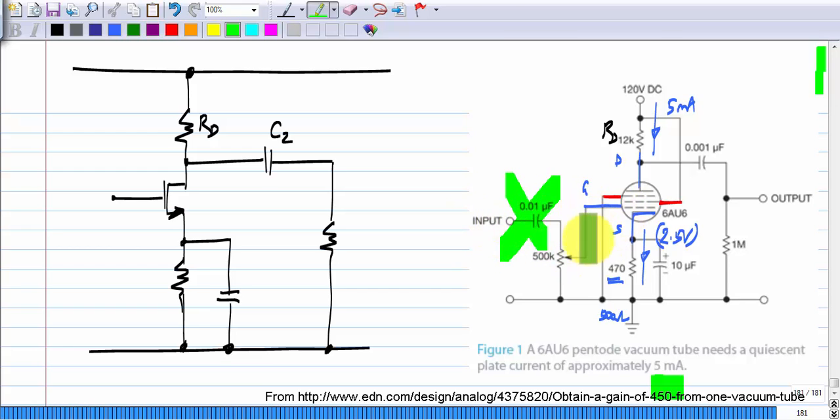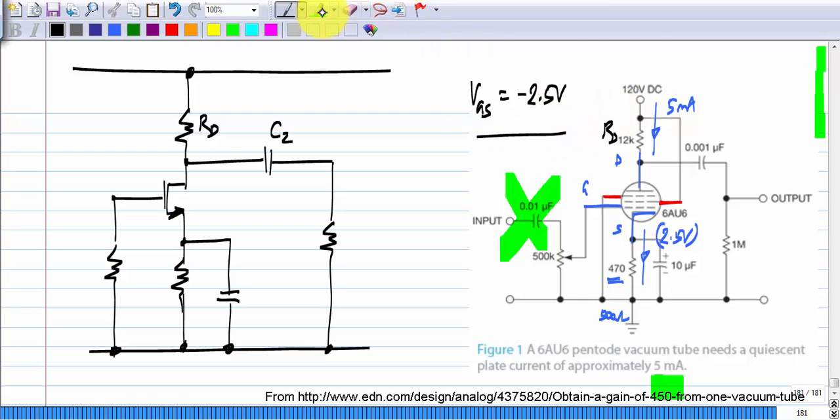So in the quiescent condition, the gate of the vacuum tube, or the grid of the vacuum tube, is connected to 0. Now remember, it is connected to 0, but the source or the cathode is at 2.5 volts. So this is operating with a quiescent VGS of minus 2.5 volts.